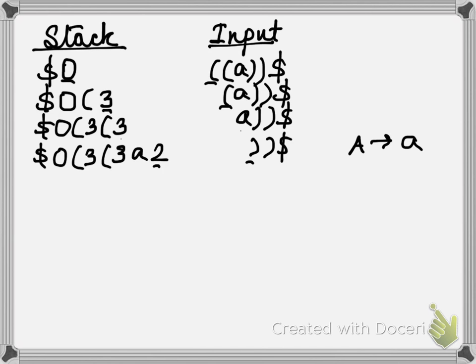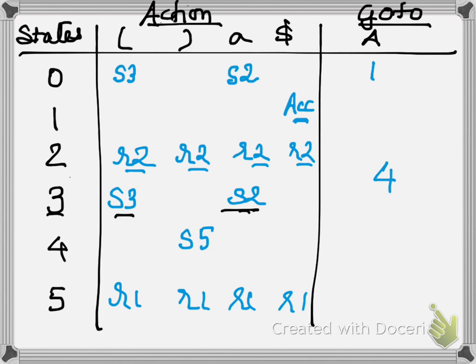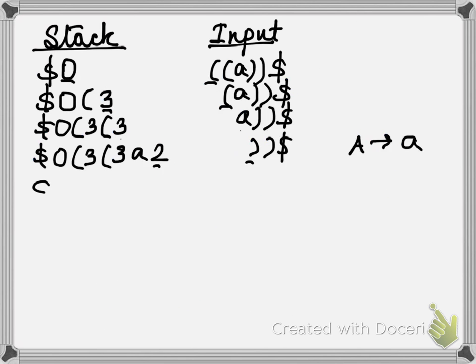And what about the state? The state would be whatever is there in your go to. So let us put this 0, 3, 3. So A here would be replaced by this. Now what about 2?